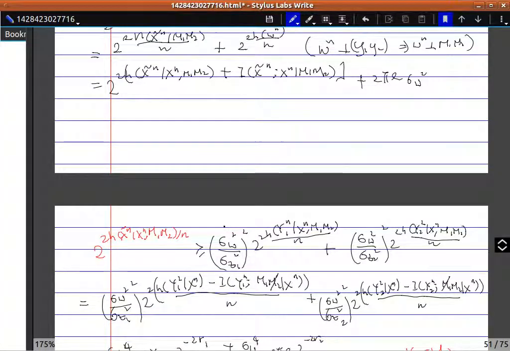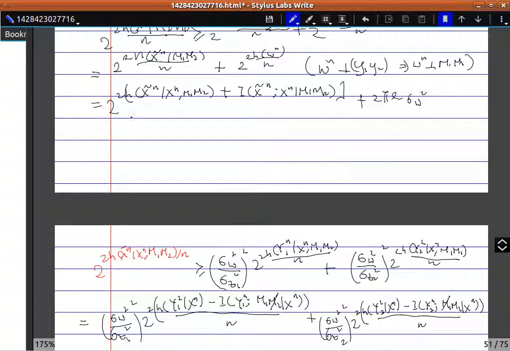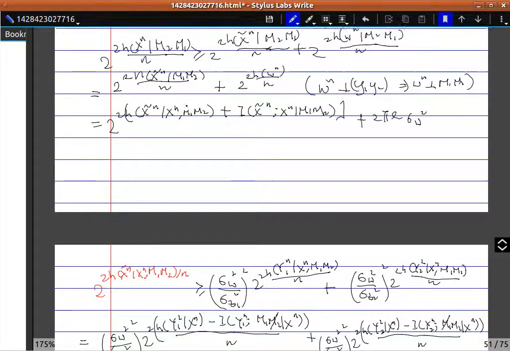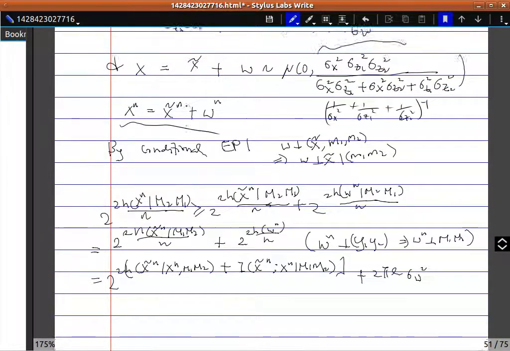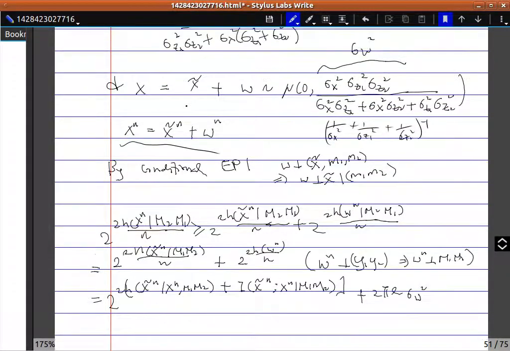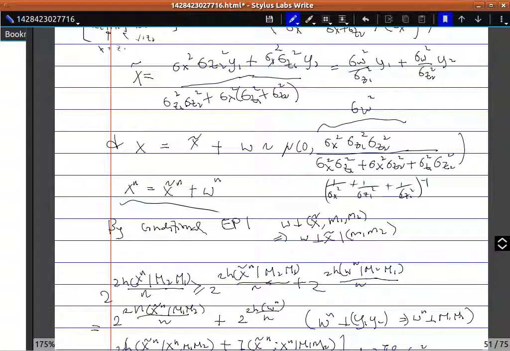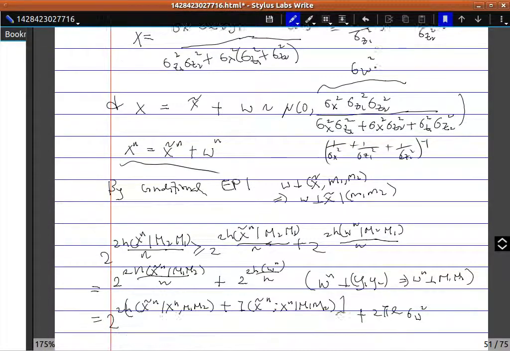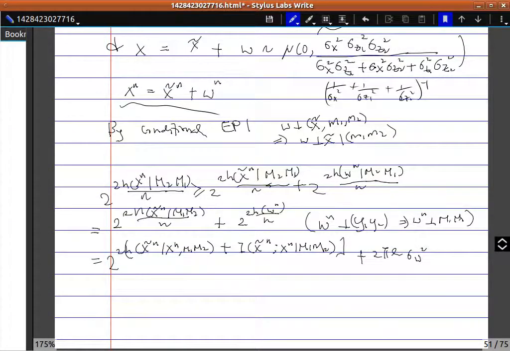And for the first term here, note that we have x tilde is really equal to a linear combination of y1 and y2, right, with weights of sigma w squared over sigma c1 squared and sigma w squared over sigma c2 squared.